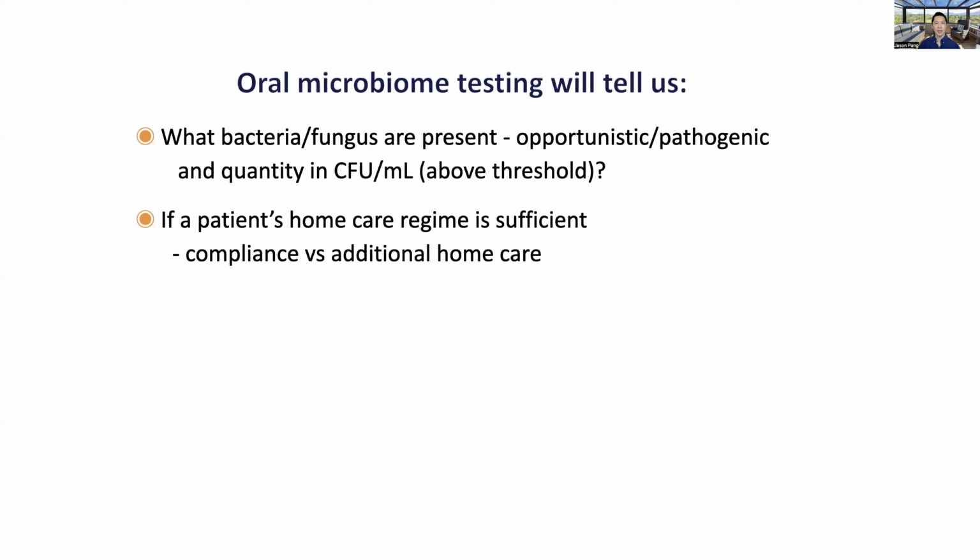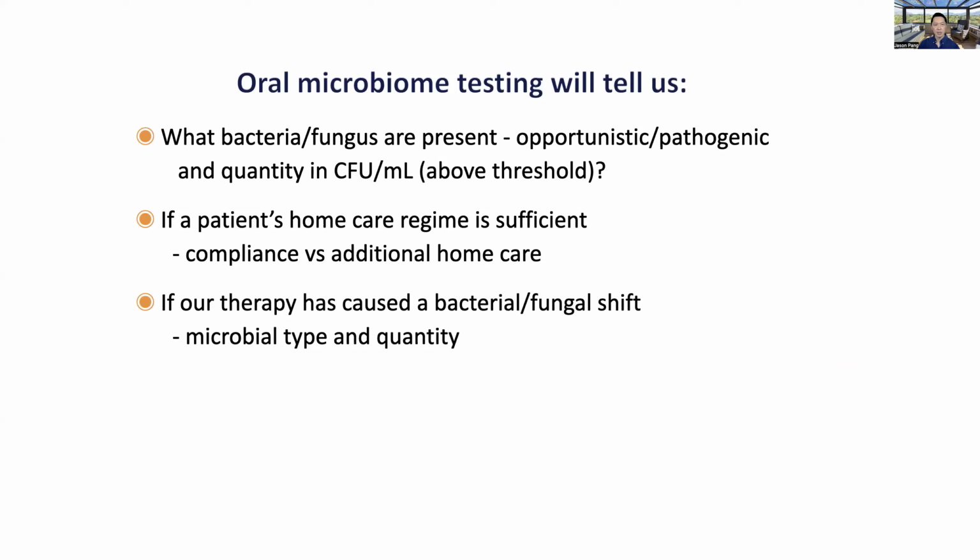We can see if the patient's home care regime is good enough, whether they have been doing what they say they've been doing, or if they need to have additional measures such as interproximal cleaning or tongue scraping. We can see if our therapy that we've advised for them or done for them has caused a bacterial or fungal shift.